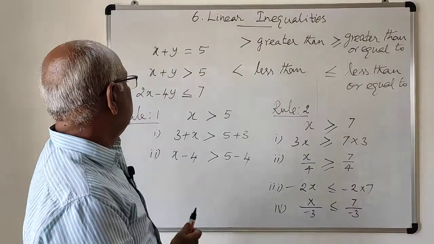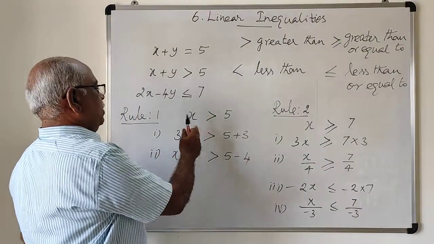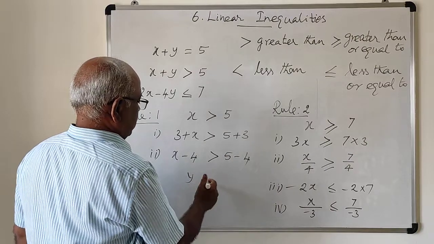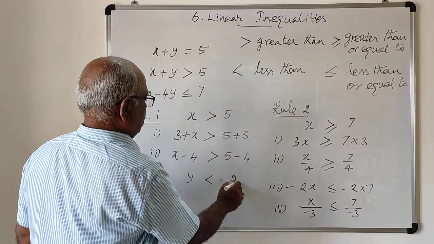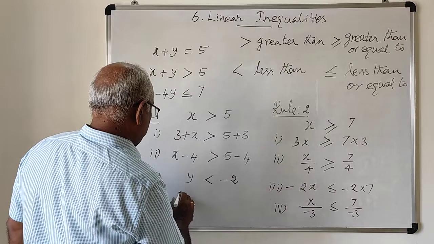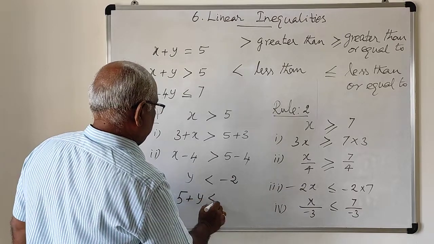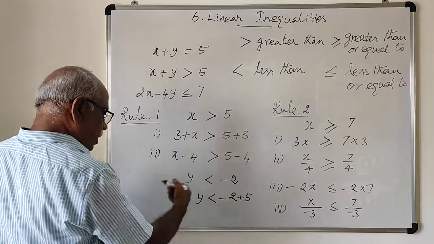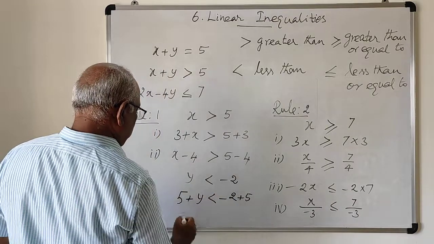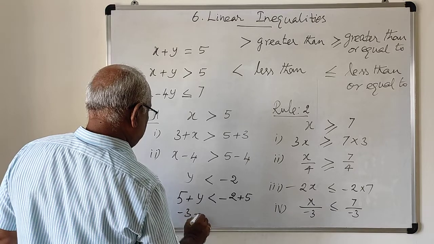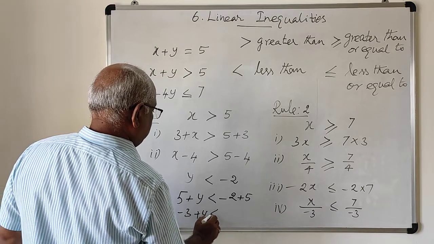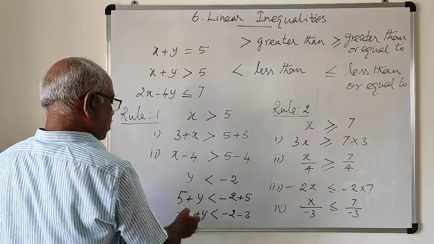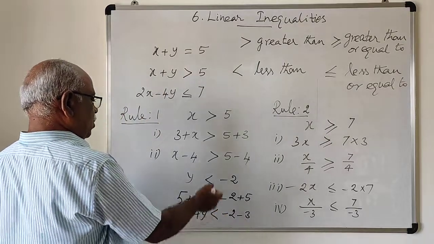For example, suppose y less than minus 2, if you add 5 on both sides, the inequality is not changed. Similarly, you can subtract a number from this y, like that. If you add or subtract the same number on both sides, the inequality is not changed.